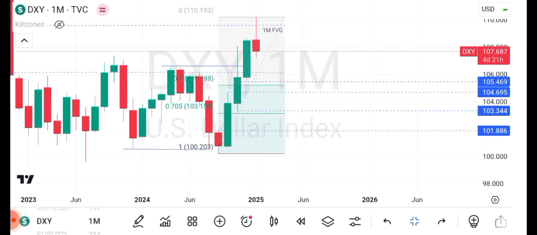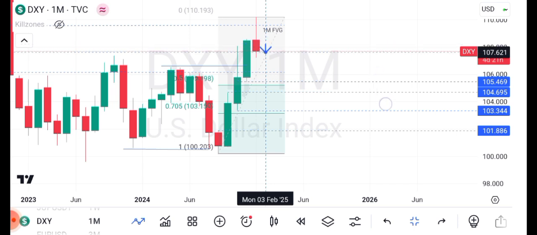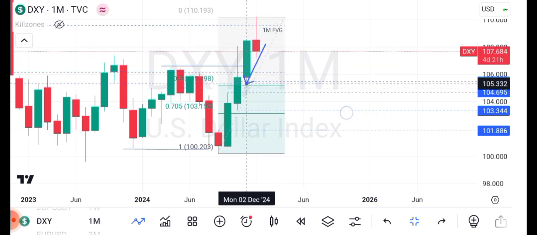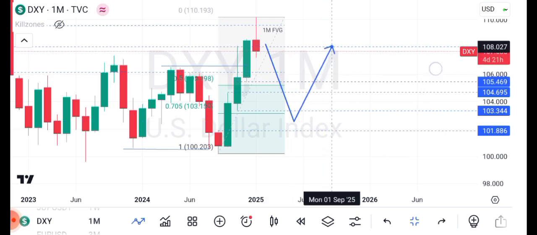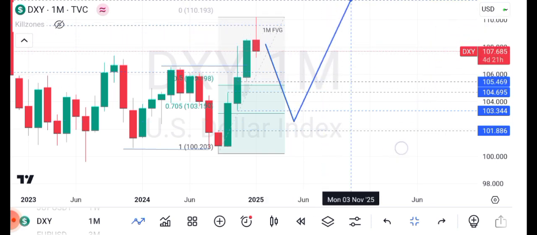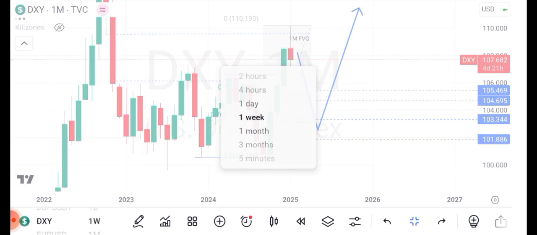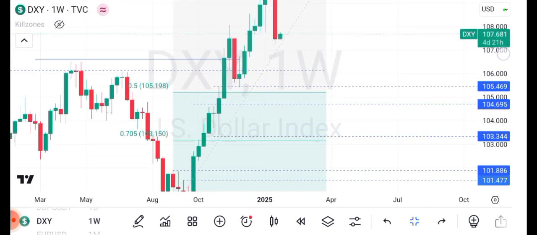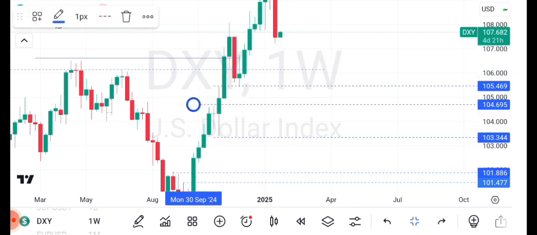So I'll be expecting price to come lower, either to this region below the 0.5 or to a premium discount level. This is a very good discount level, then higher prices. So this is your monthly time frame. This may take quite a number of time for it to play out. So let's delete this so we can have a good outlook on the markets.